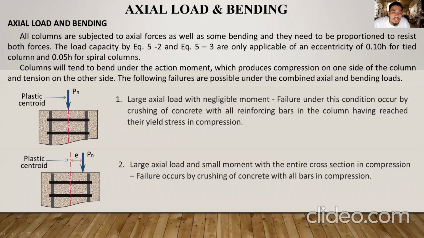The load capacity by equation 5-2 and equation 5-3 are only applicable up to an eccentricity of 0.10 for tied column and 0.05 for spiral column. Column will tend to bend under the applied moment, which produces compression on one side of the column and tension on the other side. The following failures are possible under the combined axial and bending load.